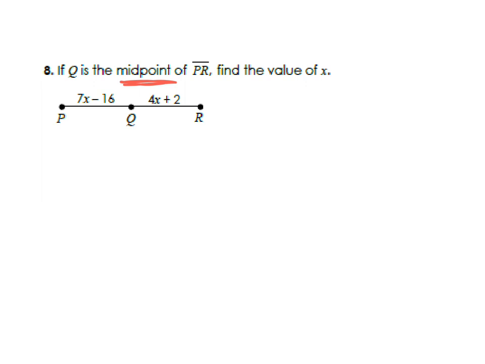So that means that this piece, PQ, is congruent or equal to this piece, QR. Since they're equal, we can set them equal in an equation and solve for X. We don't have to add them up because we know they're equal to each other.